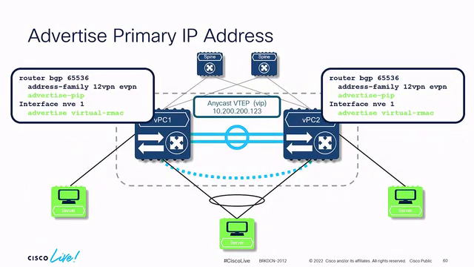So how do you configure this? In the BGP configuration, you will use the command advertise PIP. And then inside your interface NVE1, you will say advertise virtual MAC. So your question is, what's this virtual MAC?